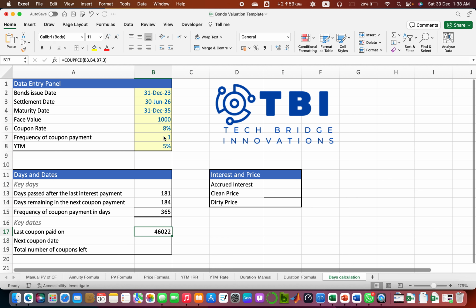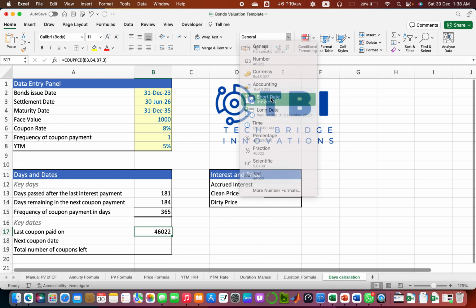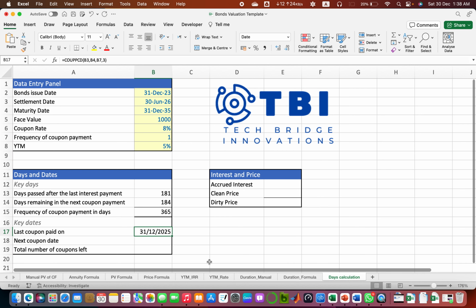So 46022. Now this is actually the number format in Excel. You have to convert this into a date. So the last coupon was paid on 31st December 2025.